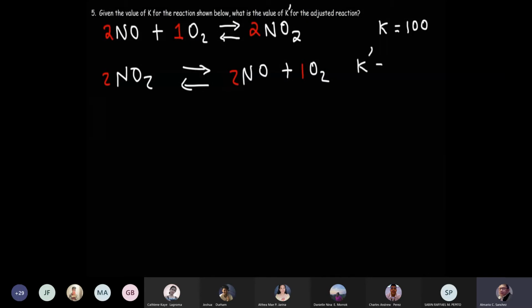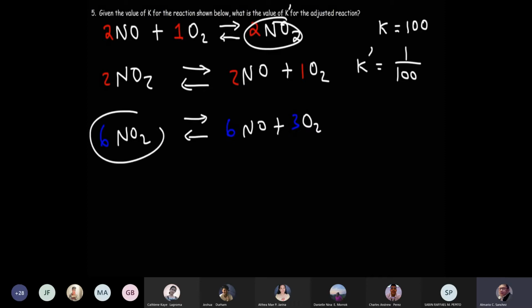So now that we have the value for K prime for this one, let's try a new one. So let's say we have this reaction, but the coefficients are 6, 6, and 3. What's the K value for this reaction? So if we compare it to the original expression, the reaction has been reversed.